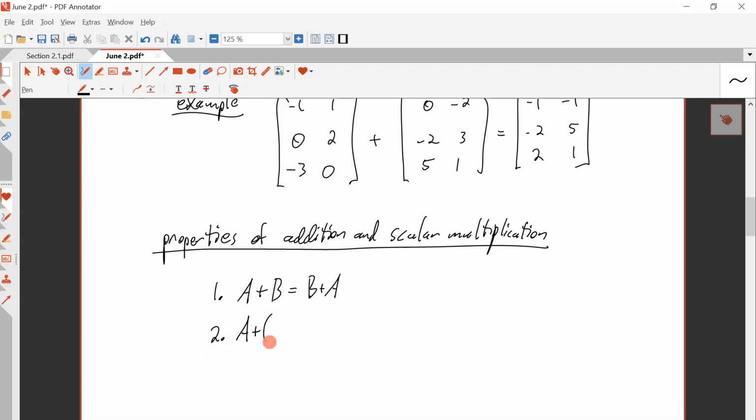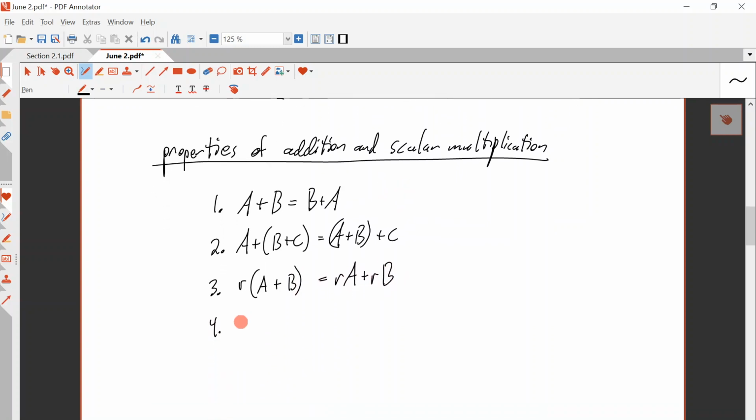It's associative. You can add three matrices in any order: B plus C first, then A, or A plus B first, and then C. Scalar multiplication distributes over addition of matrices. You have this kind of associativity with scalar multiplication.